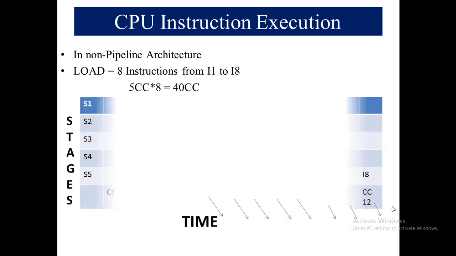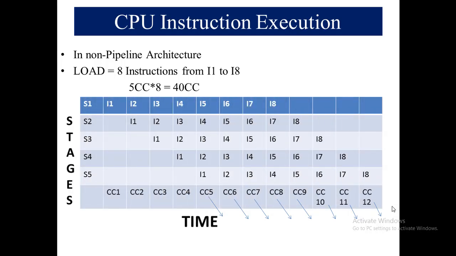But in RISC architecture, as this is the phase diagram, you can see that in stage 1 and in clock cycle 1, instruction 1 starts execution and it passes through the first stage, that is fetching instruction. First we will start executing instruction 1.